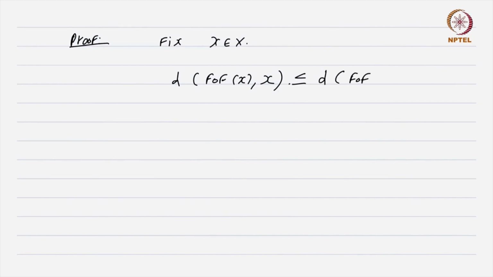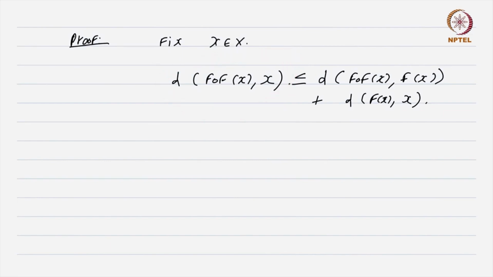So write this as d(f∘f(x), f(x)) plus d(f(x), x). The reason why I did this is because I need this term to use the hypothesis that f is a contraction. I cannot write this in terms of f inverse of x simply because f need not be an invertible map.